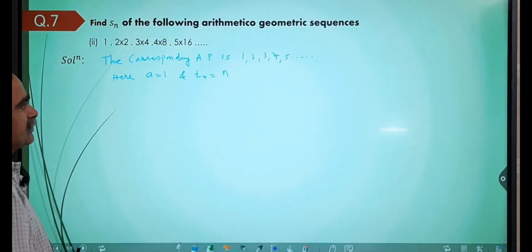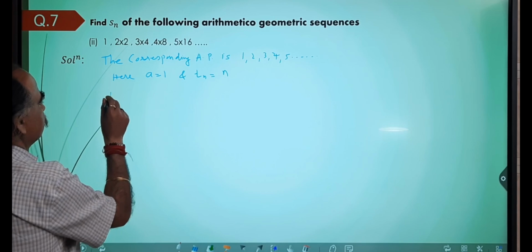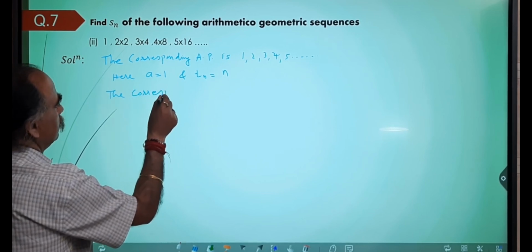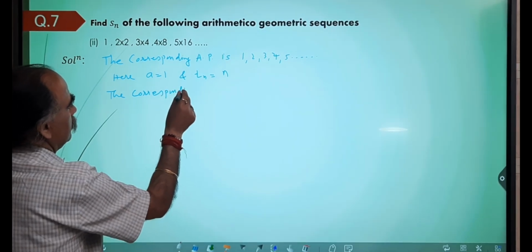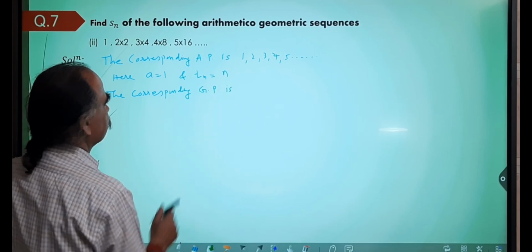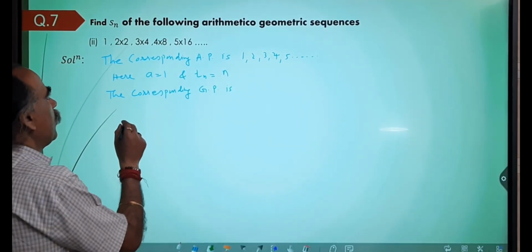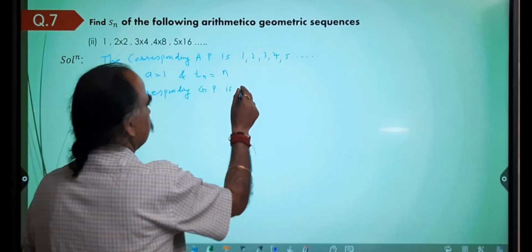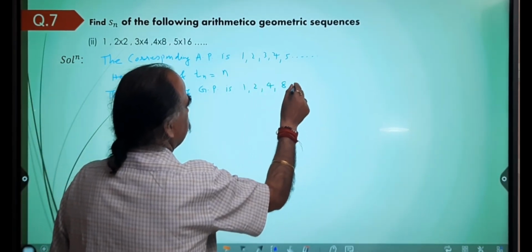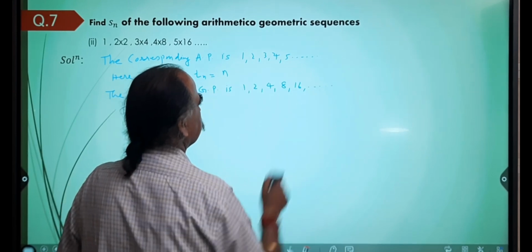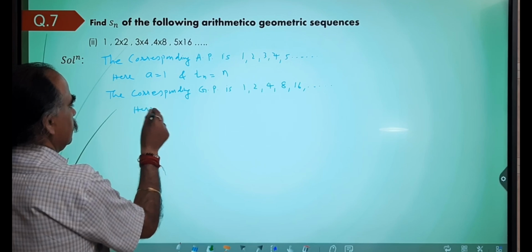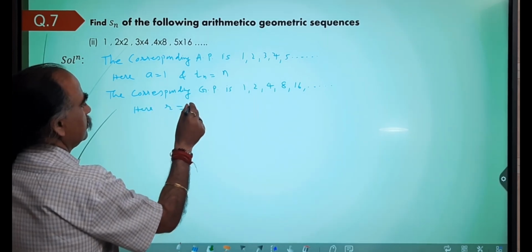So nth term will be N. The corresponding GP is 1, 2, 4, 8, 16 and so on. Here common ratio R is what? 2.